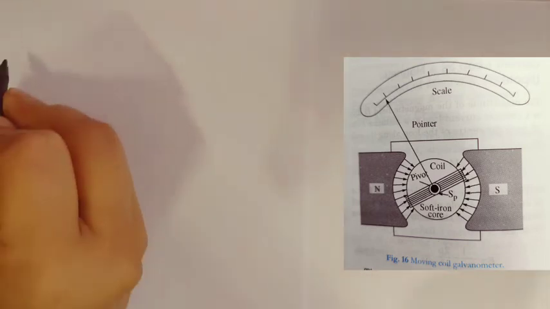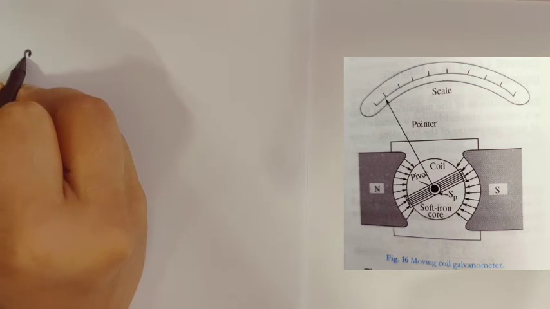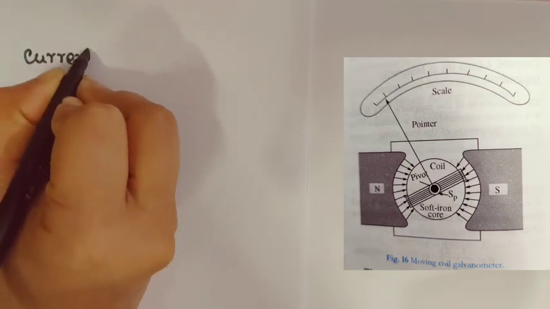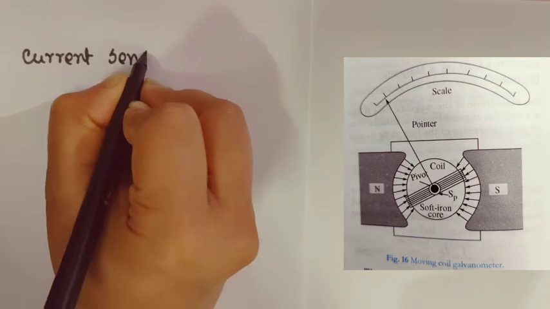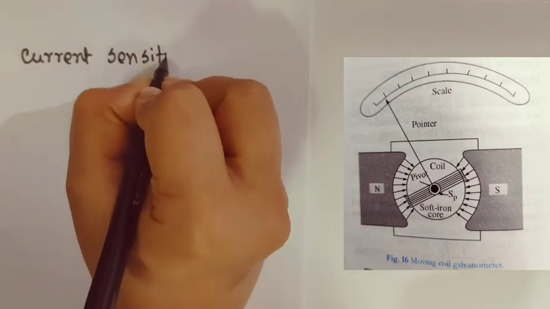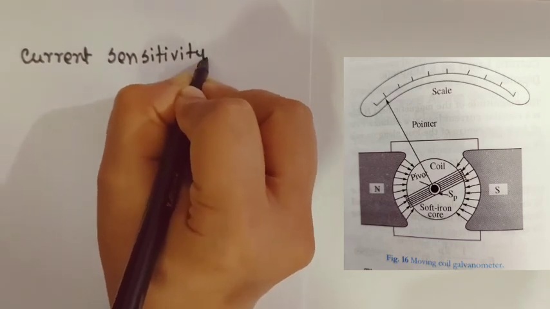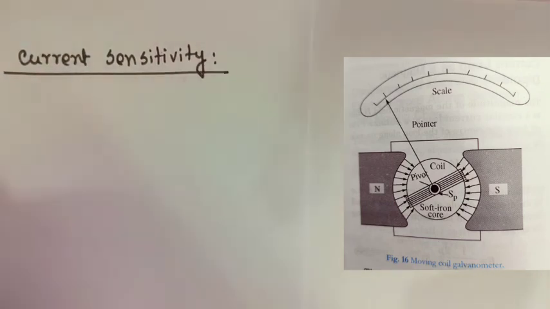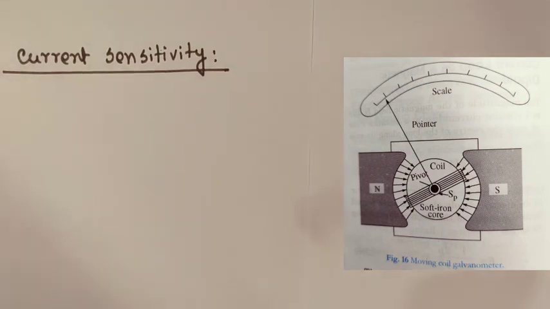Okay. Now we have to know what the current sensitivity of a galvanometer is. So what is the current sensitivity? The current sensitivity of a galvanometer is defined as the deflection produced in the galvanometer when a unit current flows through it.